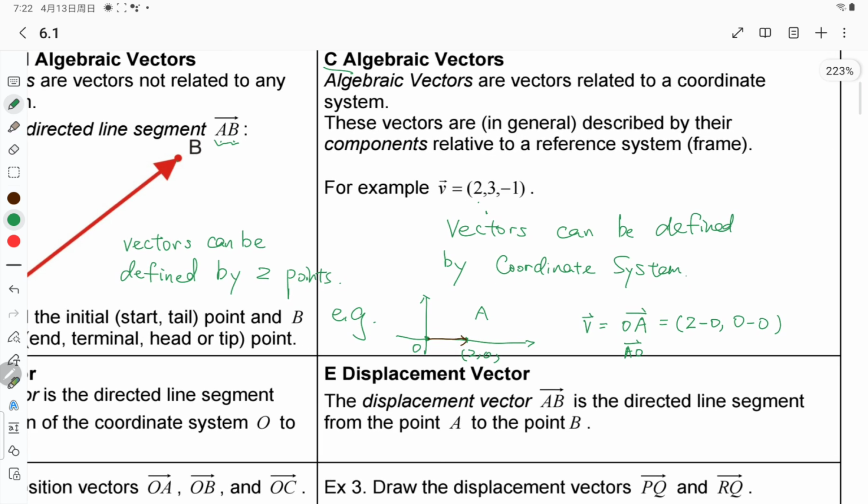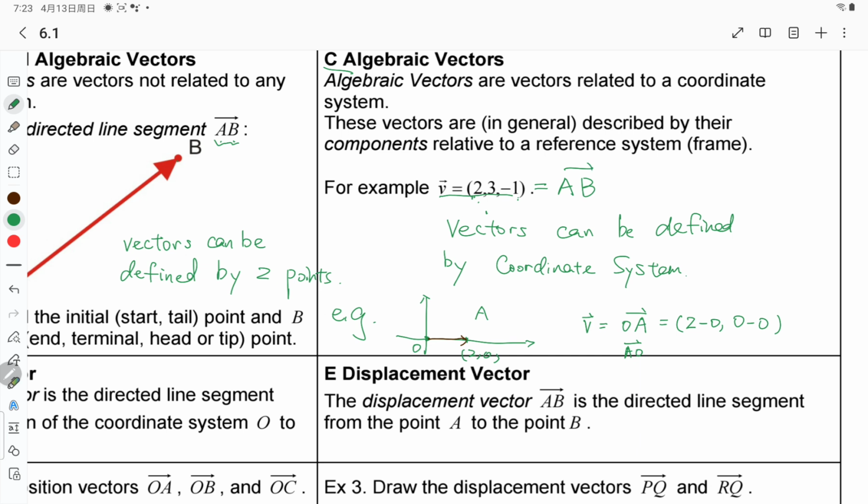And so even here, algebraic vectors, the example it gave is just a coordinate, however, for vectors there should be a starting point. So this should be equal to some AB, right?